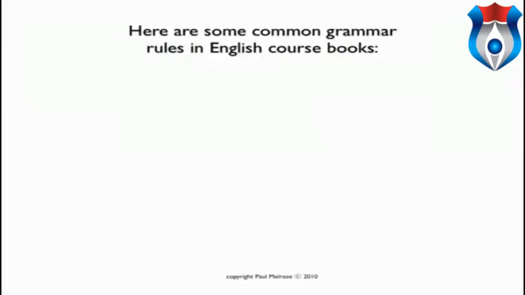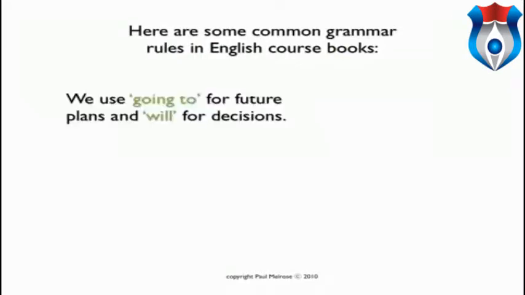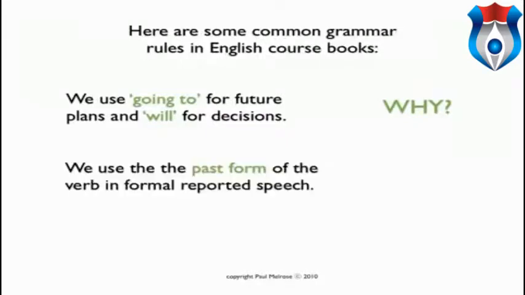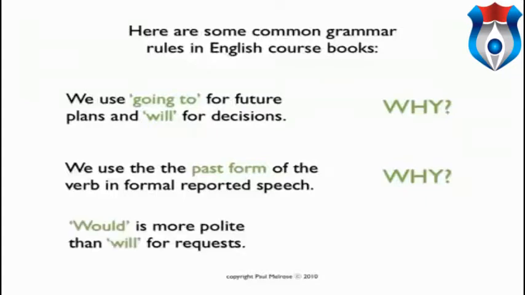Here are some common grammar rules in the English course books. We use going to for the future, plans, and will for decisions. This is true, but why is this true? We use the past form of the verb in formal reported speech. Again, this is true, we can do this. But my question is, why?